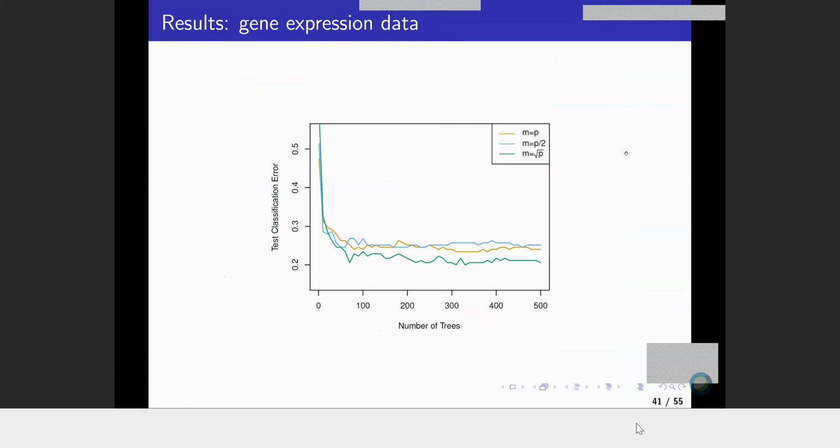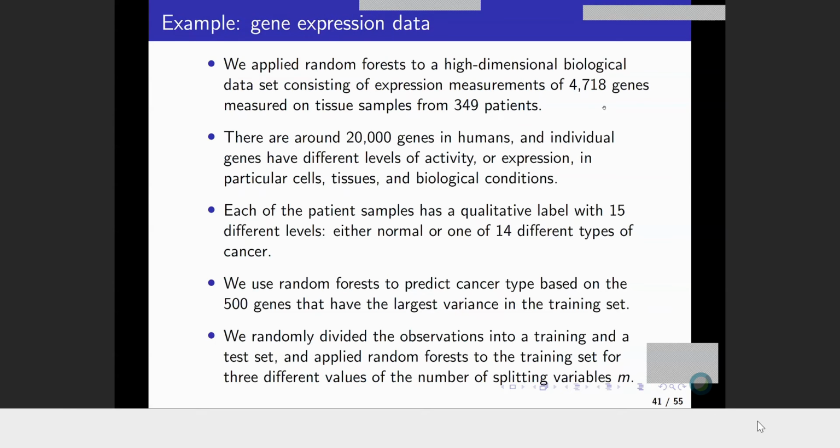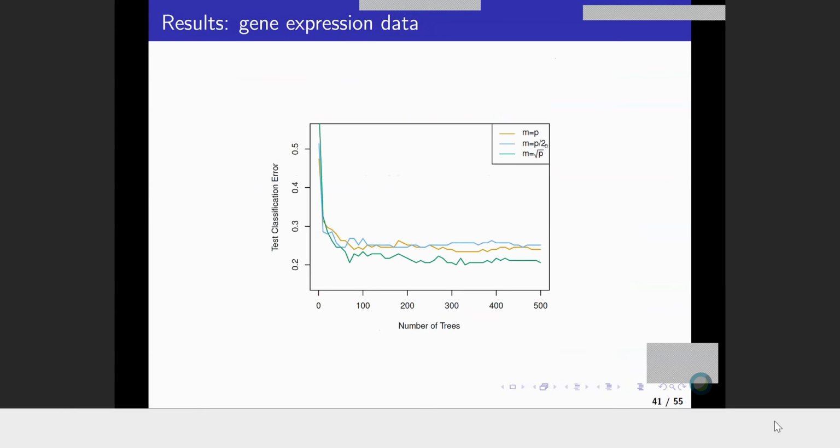One is M equal to P, which is around 5,000 genes. Another we use half of P, which is around 2,500. The third one is M equal to the square root of P, which is only around 70 genes. So you can take a look at that.